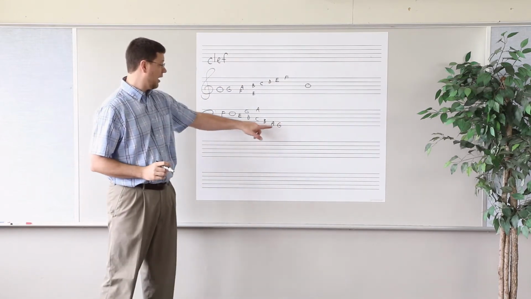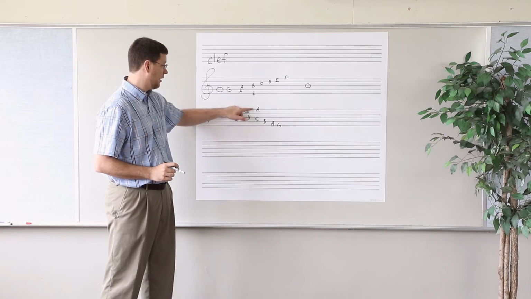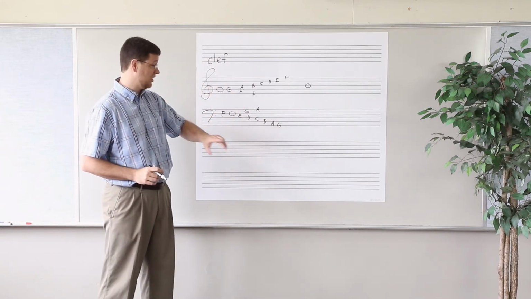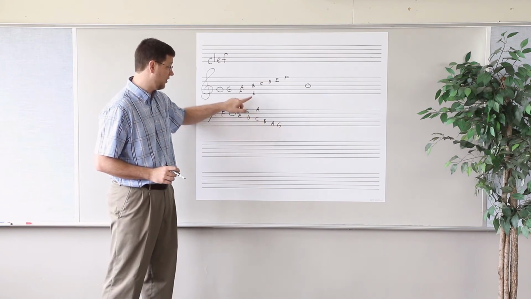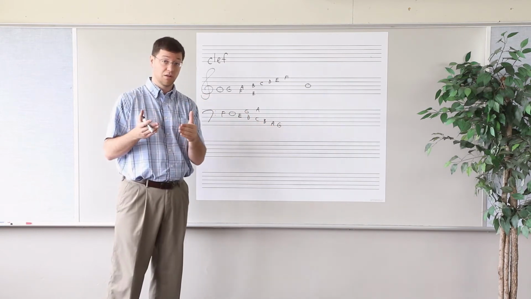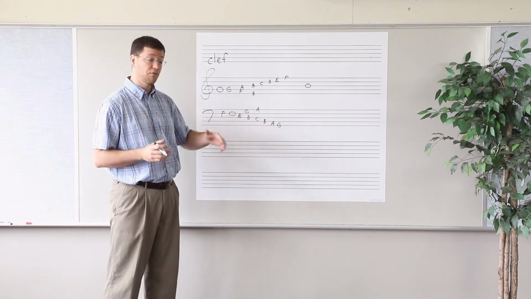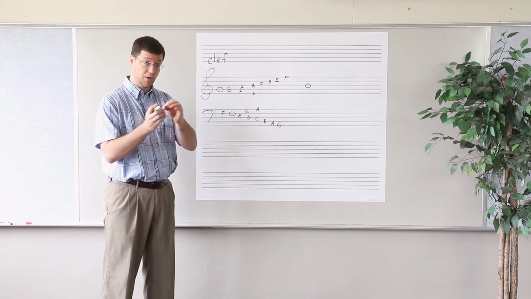So we have 5 lines, and they're similar in order to these lines, but it starts on a G instead of an E. So you need to learn the names of the letters of the bass staff if you want to become fluent at reading pitches.